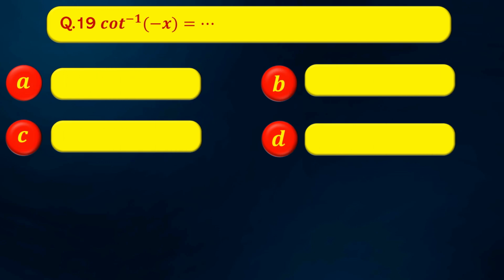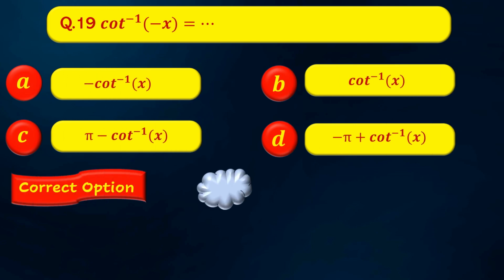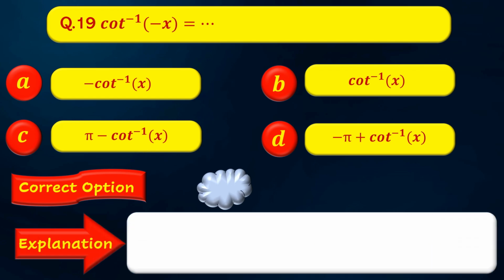Question number 19. Cotangent inverse minus x is equal to, and the options are, let's find out which one is the correct option. But before that, let's explain it. Put y is equal to cotangent inverse minus x. It gives cotangent y is equal to minus x, and it gives minus cotangent y is equal to x.